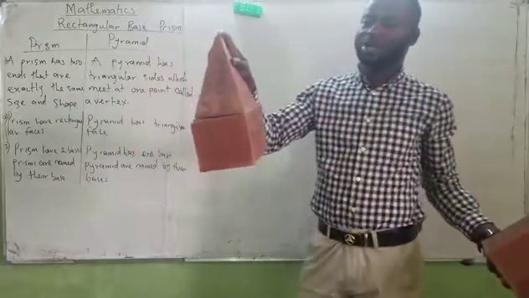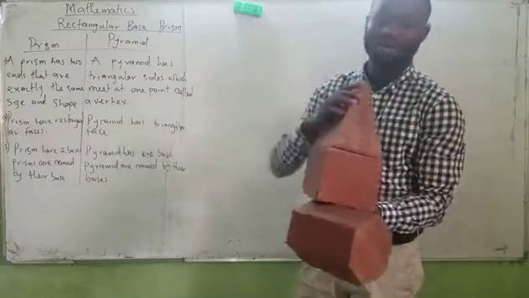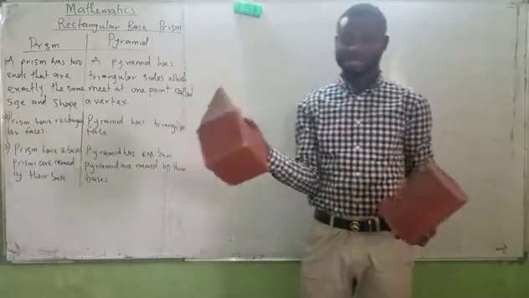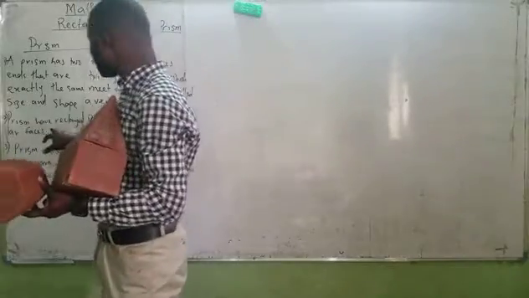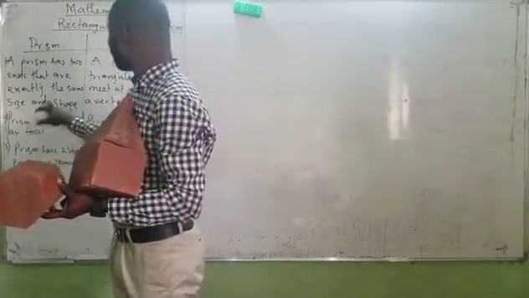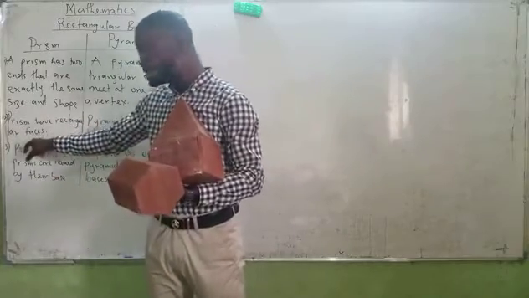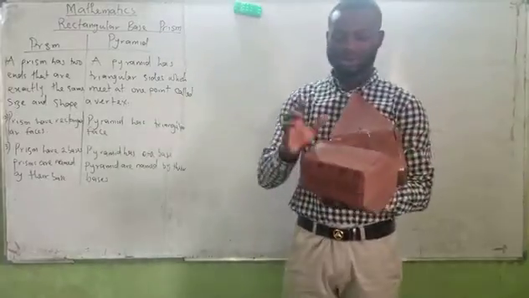Can you see? This is the vertex, and these are triangular. They are all triangles. Now, this is a solid base prism. I also move on by saying that a prism has rectangular faces. Rectangle. Can you see the face here? Rectangle.